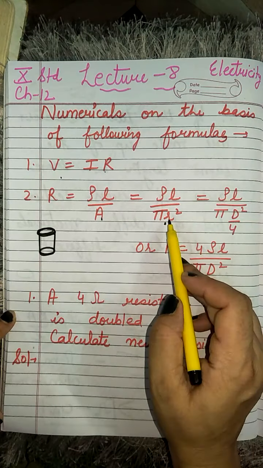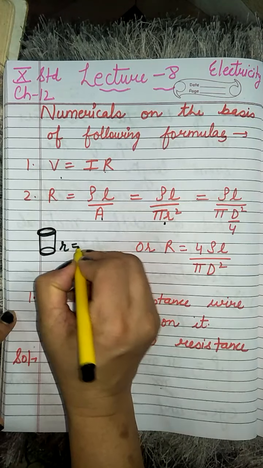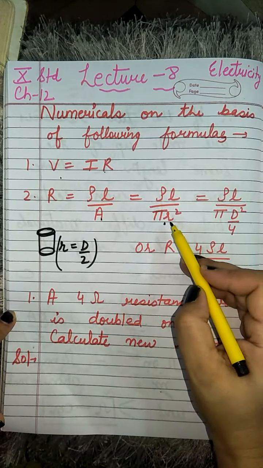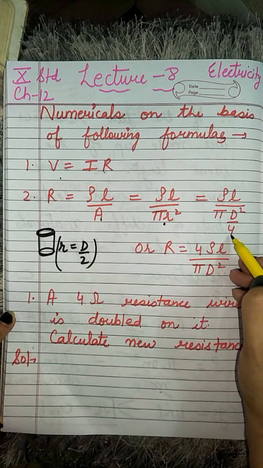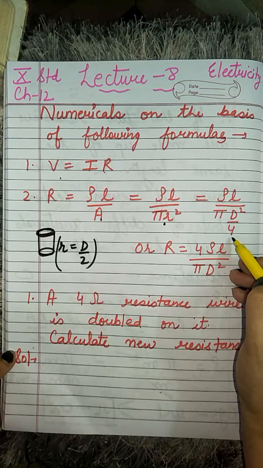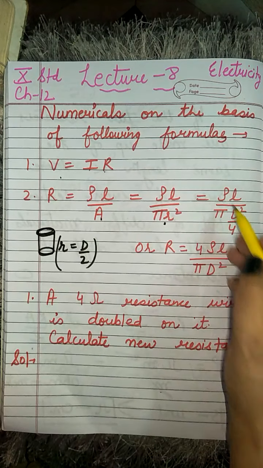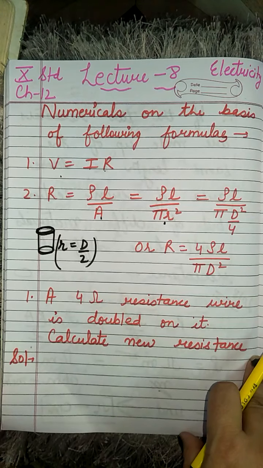If diameter is given, we know radius is half of the diameter. So if I write d square by 4 instead of r square, then also no harm, or it can further be manipulated as R is equal to 4 rho L over pi d square.